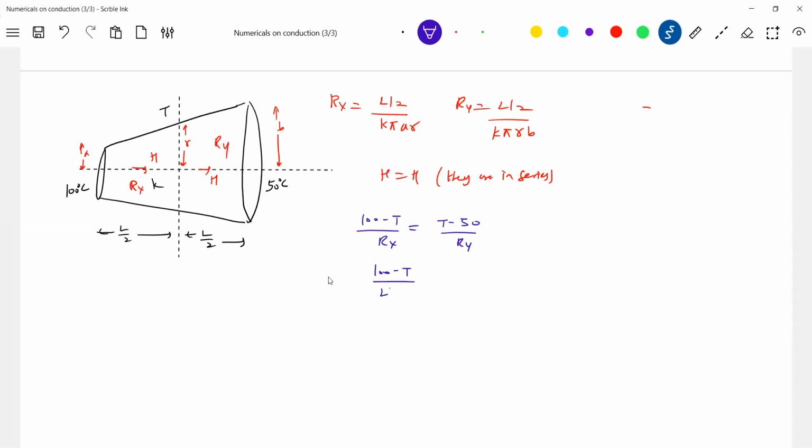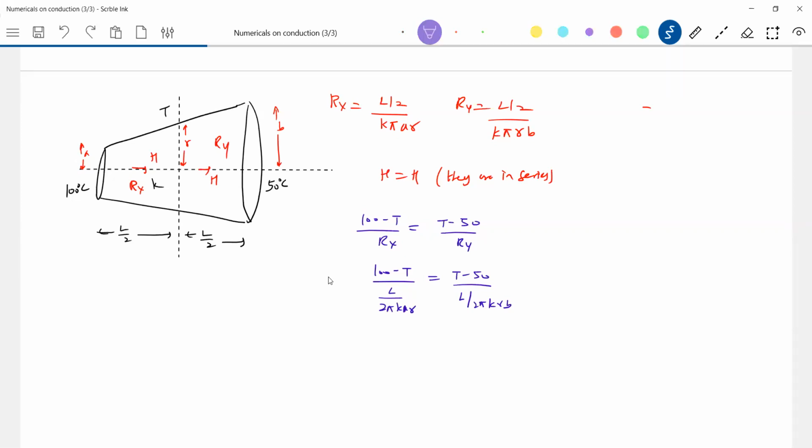Rx is L by 2 pi K A R, and Ry is L by 2 pi K R B. Or this will be very lengthy. I suggest this will be really very lengthy.